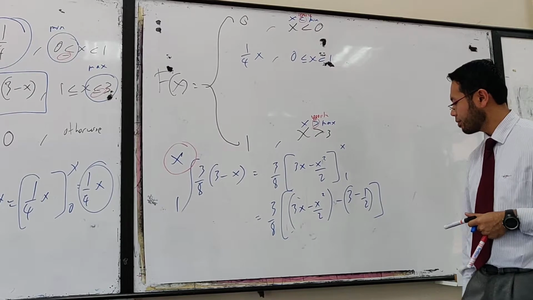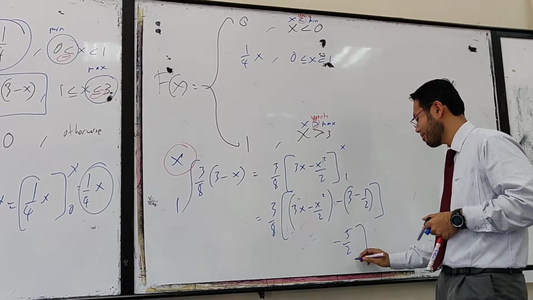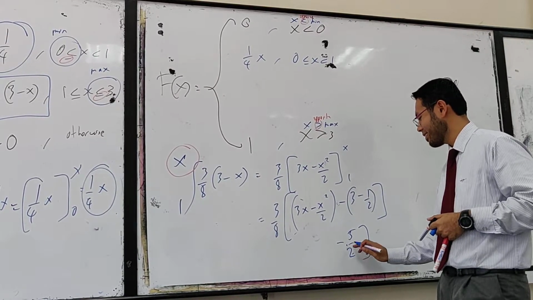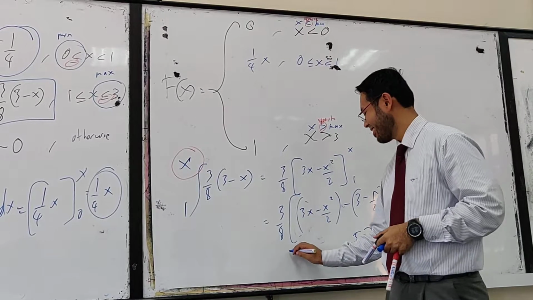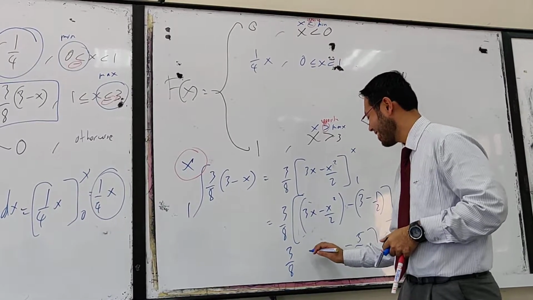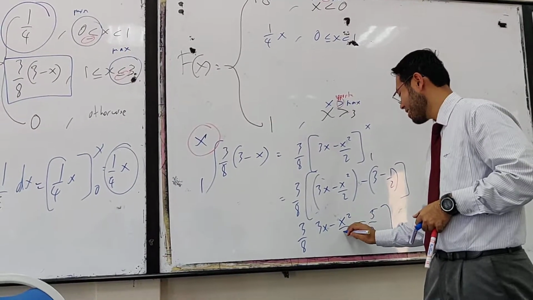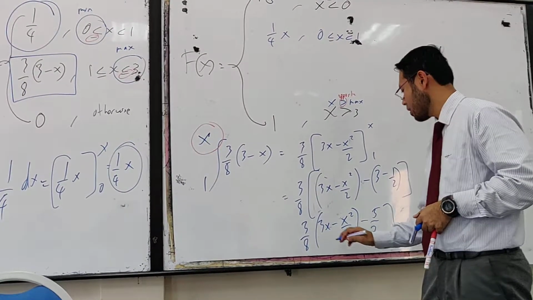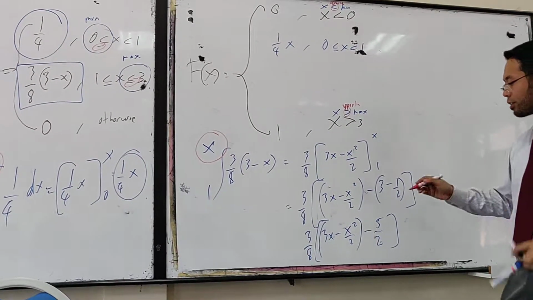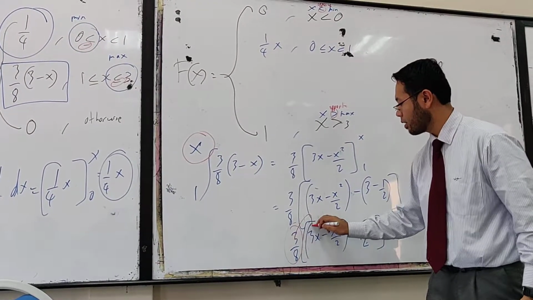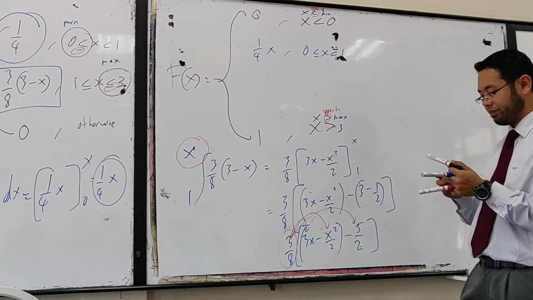Minus 1 over 2, 5 over 2, right? And this 3 over 8, just multiply one of them.